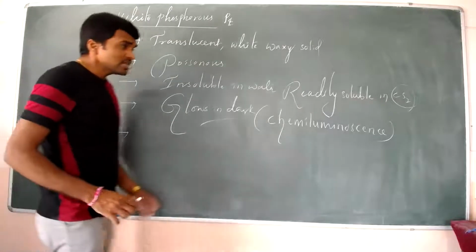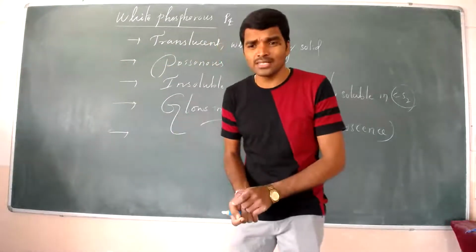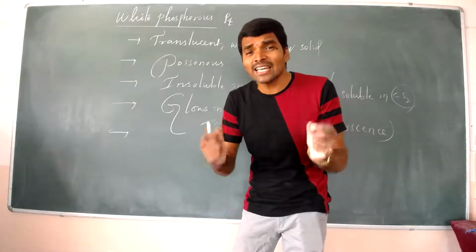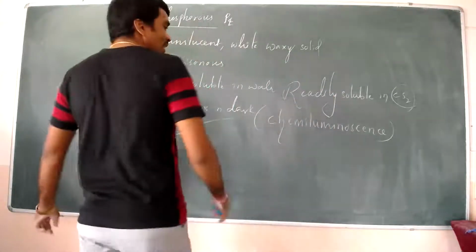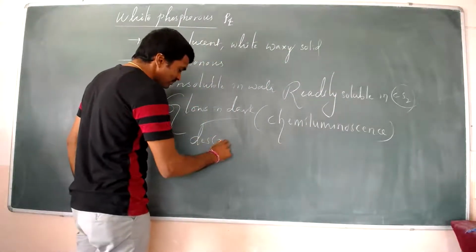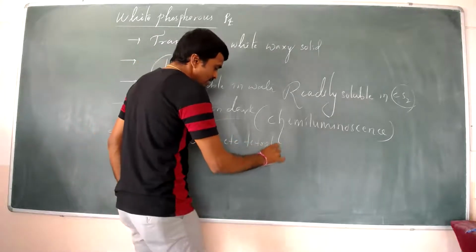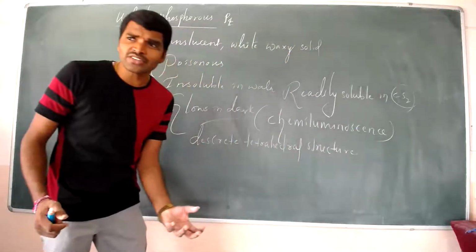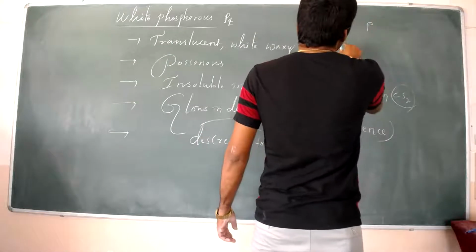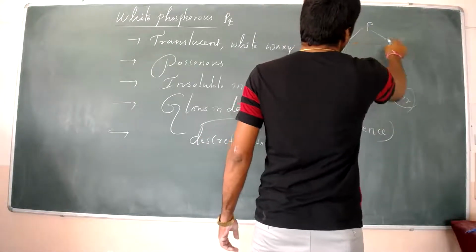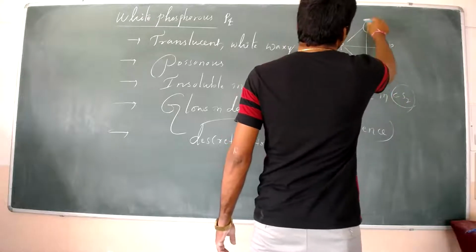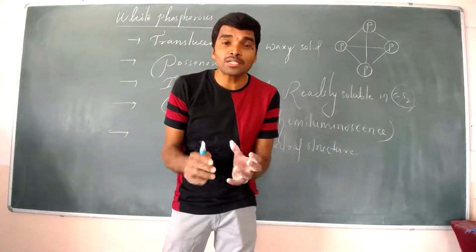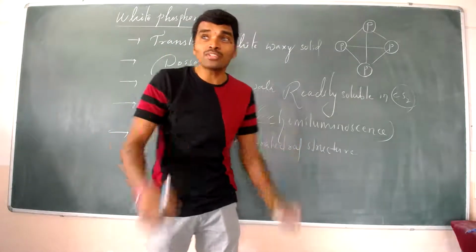Some other properties of white phosphorus: it exists in a discrete tetrahedral structure. The structure looks like this: phosphorus, phosphorus, phosphorus, phosphorus. In the discrete tetrahedral structure, the phosphorus atoms are bonded by van der Waals forces.